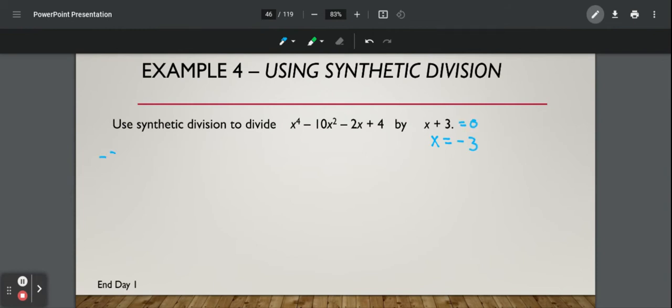So when we're doing this, that 3, I say we put that on the shelf. And then we're going to write the coefficients from this polynomial. And if we're missing anything, like we don't have an x cubed, we're going to hold its place with a 0. So we're going to say 1 x to the fourth, 0x cubed, negative 10x squared, negative 2x, and then 4. Leave a space.